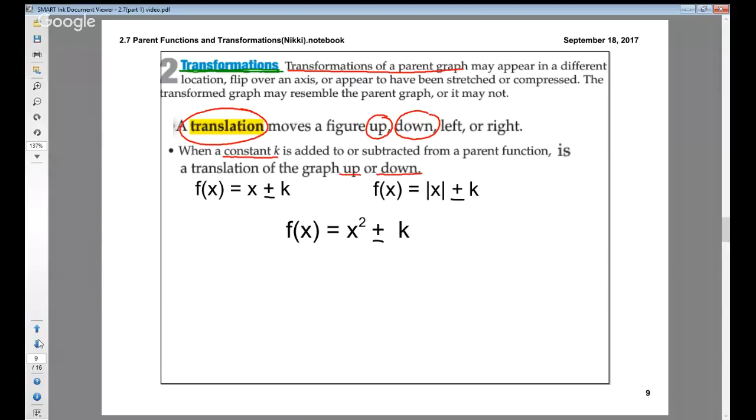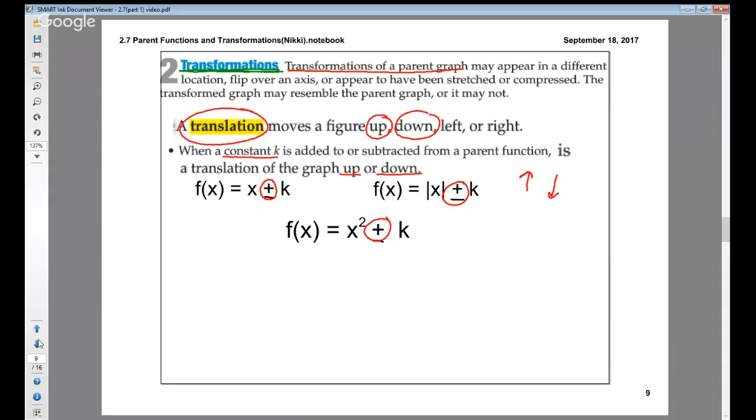So basically, anytime you have a parent function and you're adding or subtracting a number from it, that tells you your child function is going to be moving up or down from its original parent function.